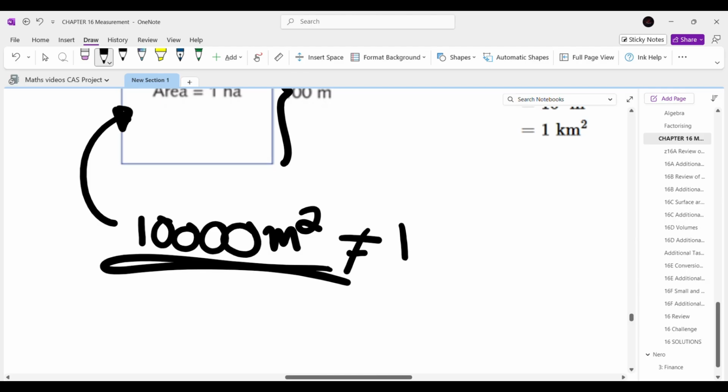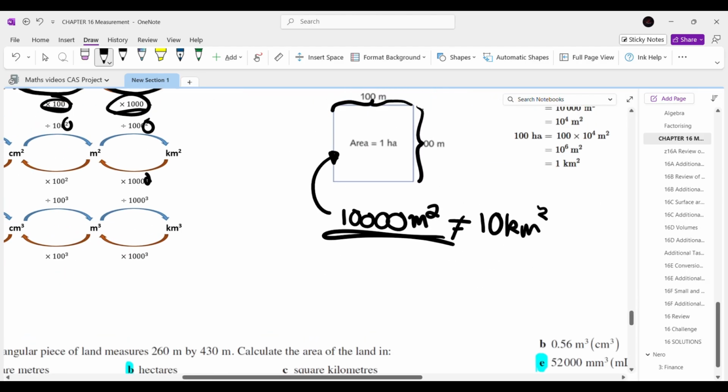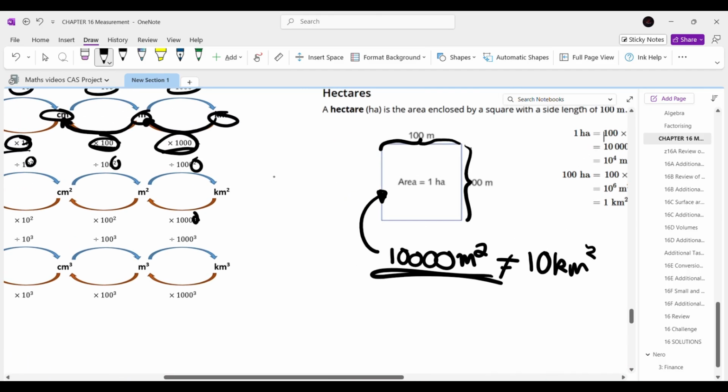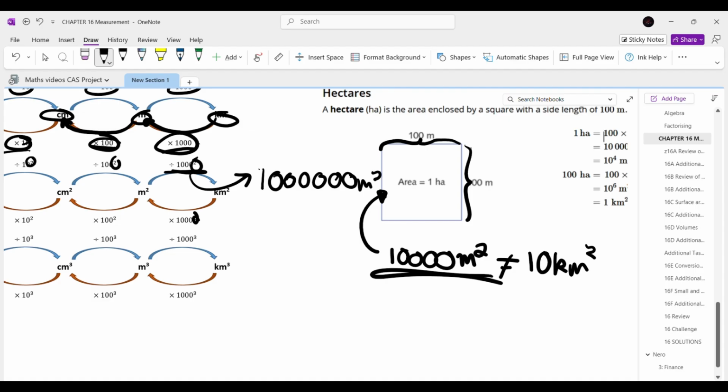This is not 10 kilometers squared. Do not make this mistake, because remember, when we're converting meters to kilometers, we have to divide by 1,000 squared. So it would actually be a million. A million square meters is 1 square kilometer. You just need to remember that.